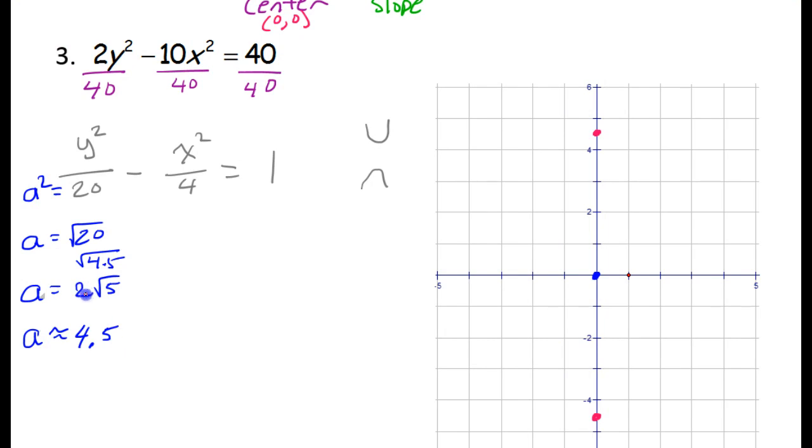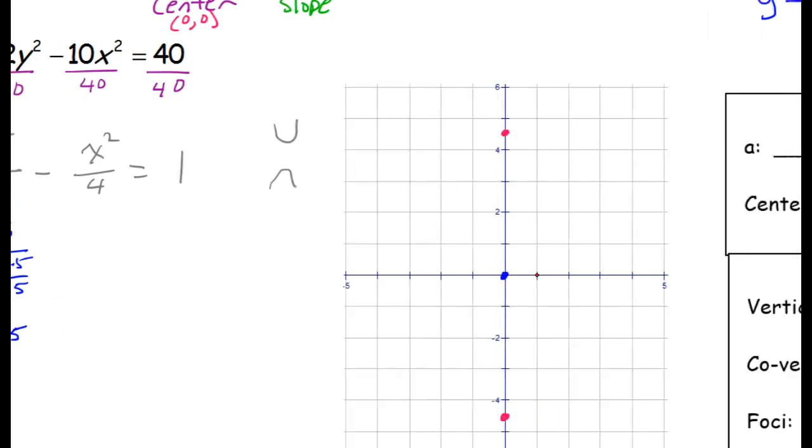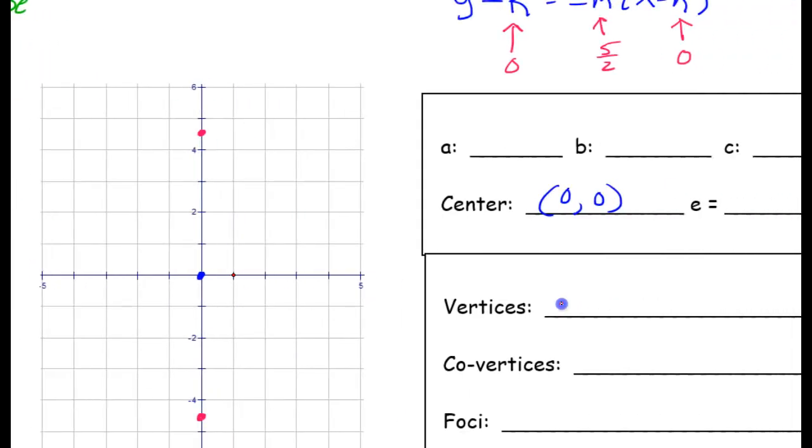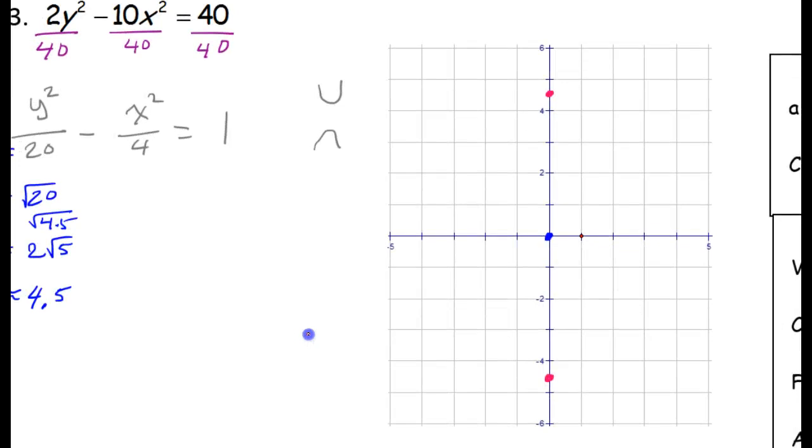I'm going to say 2 radical 5. The x coordinates are 0 because they're right on the y-axis. So I'm going to say the vertices are 0, negative 2 radical 5 and 0, positive 2 radical 5. Those are my vertices.